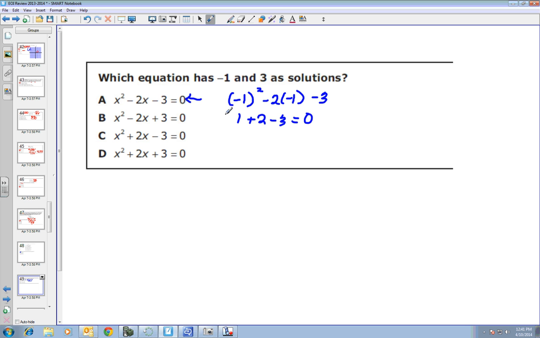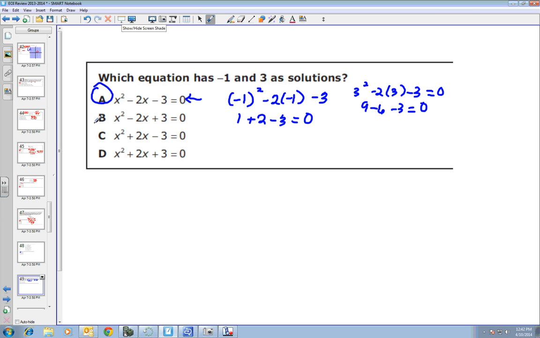Yes. But now I need to plug in 3. So 3 squared minus 2 times 3 minus 3 is supposed to equal 0. Does this equal 0? 9 minus 6 minus 3. Yep. So A is my answer.